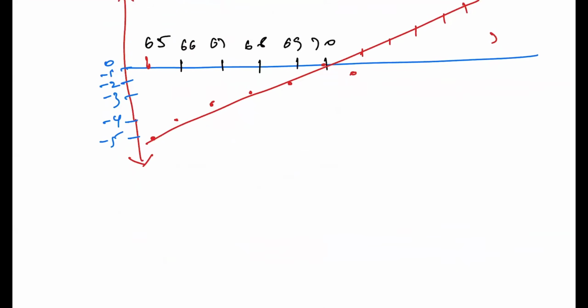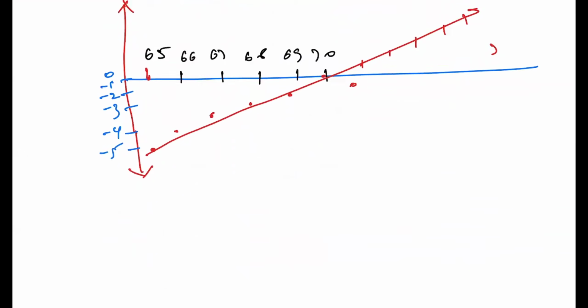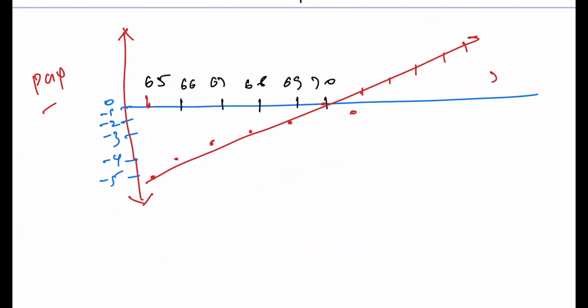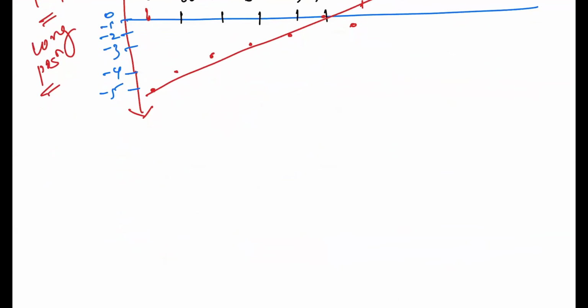So this is how the payoff diagram looks like for a long position in the futures contract. Similarly, for a short position, we know that the formula is nothing but K minus ST, right?